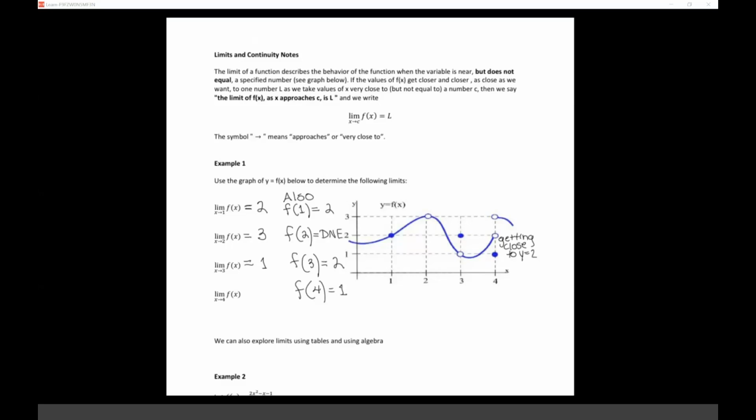But here's the other arm of the function. If you approach x equals 4 from this side, what y value are you getting close to right here? 3. Yeah. So you can see you're getting close to 2 different values.